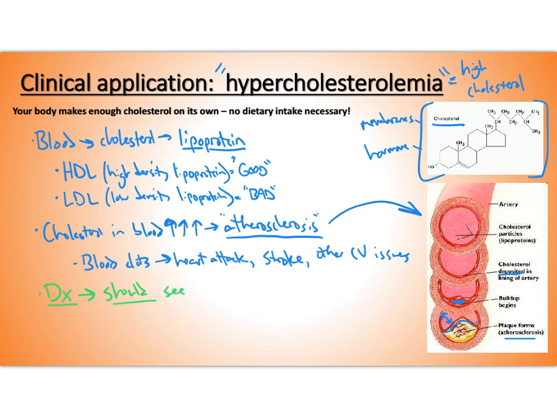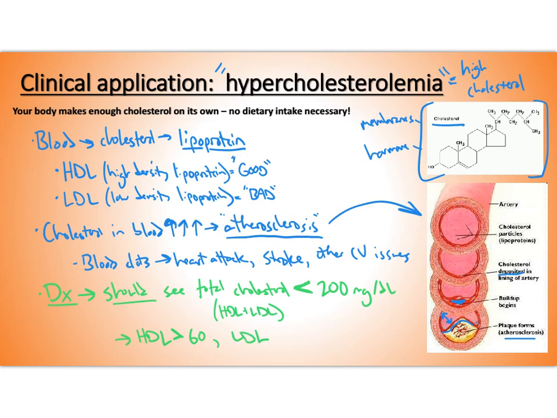So we should see total cholesterol, which would be HDL plus LDL, we want to see as less than 200, and that's milligrams per deciliter, but don't worry about the units. So we want to see total cholesterol under 200. We also want to see an HDL greater than 60 and an LDL less than 100.